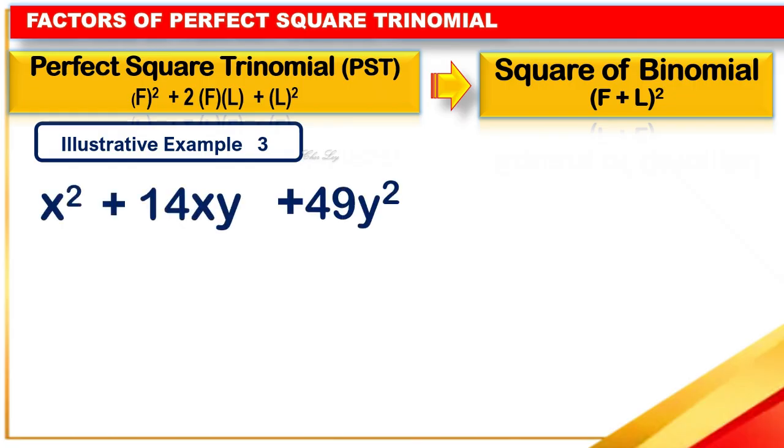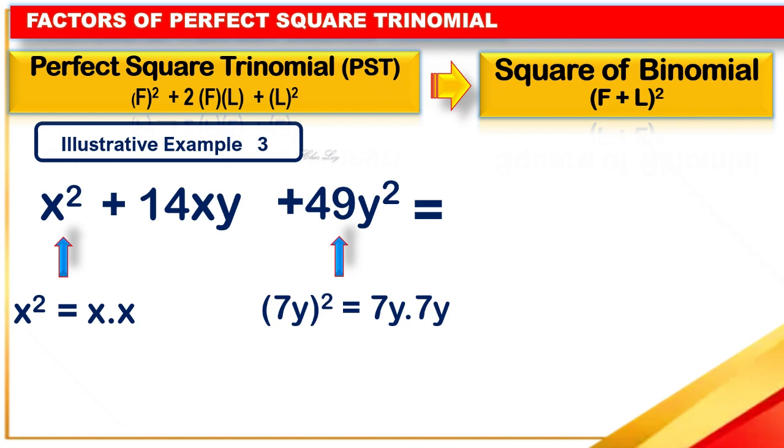Example number 3. We're going to get the factors of x squared plus 14xy plus 49y squared. Again, check whether the first and last terms are perfect squares and write them as a square. x squared can be written as x times x, and 49y squared can be written as the quantity 7y squared, or 7y times 7y.